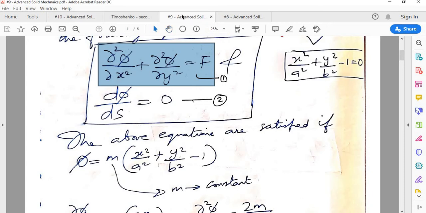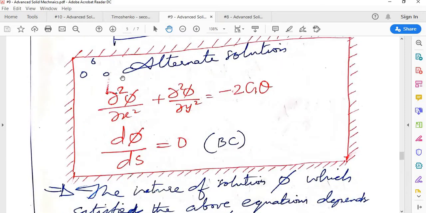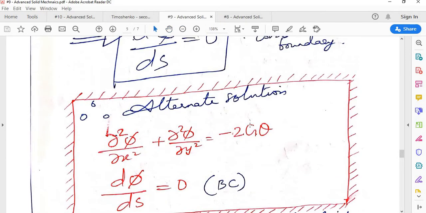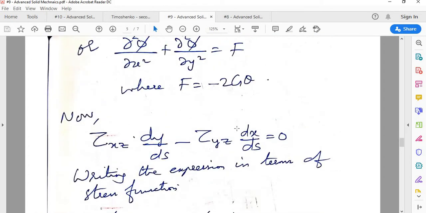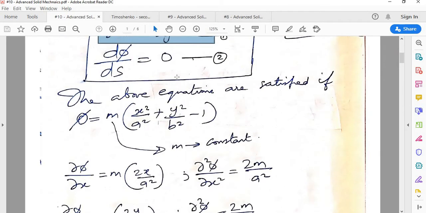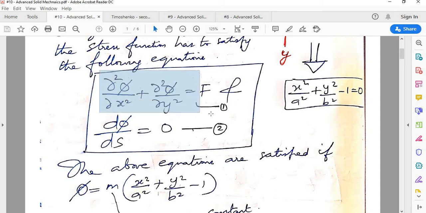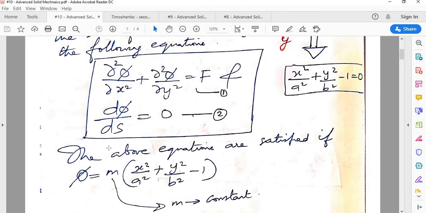So remember this again, I am repeating, these are our expressions based on stress function, where minus 2G theta we had also called f. Yeah, this is the formula. So that is what I have used here. So in order to substitute in this expression, you take the second derivatives of phi with respect to x and y.